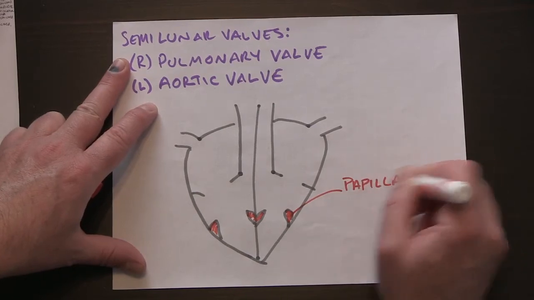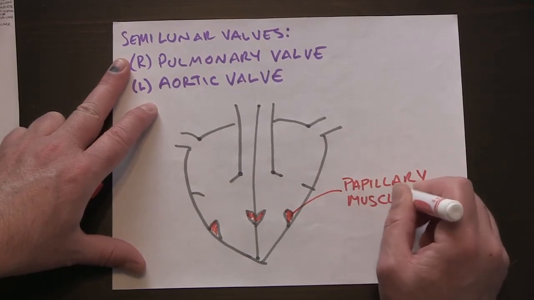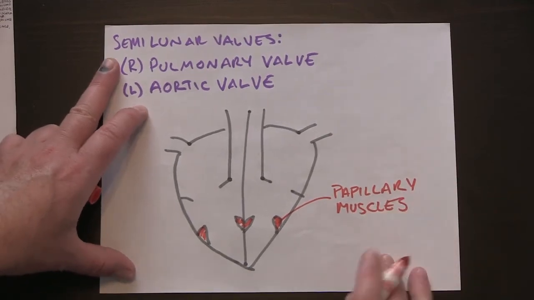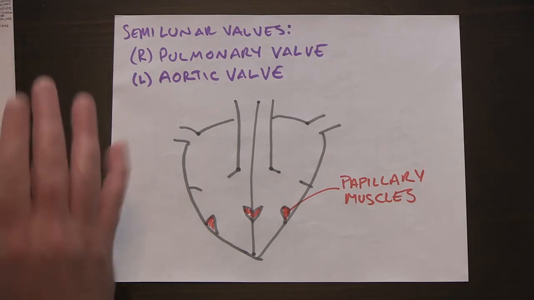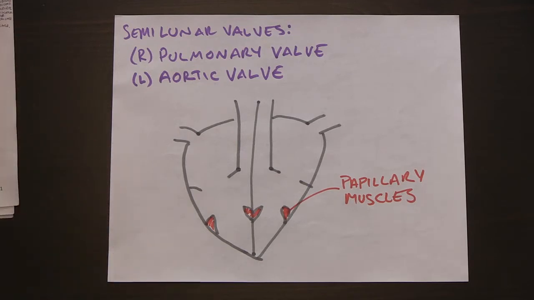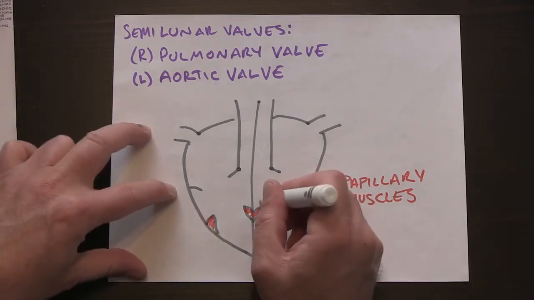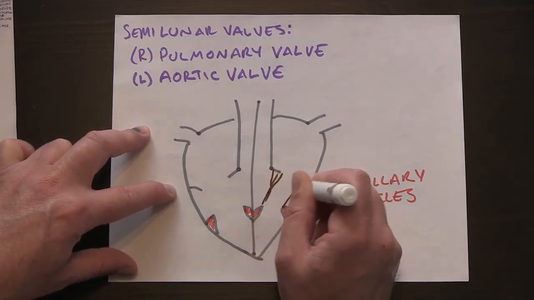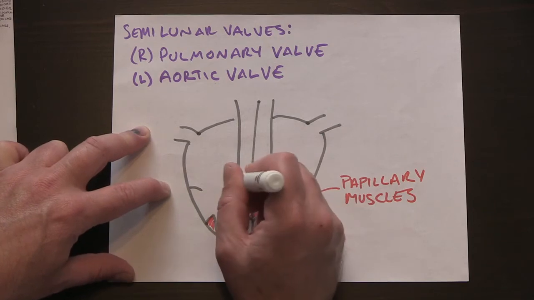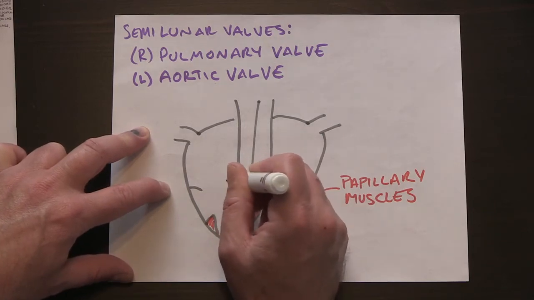These are called papillary muscles. And what they do is they have these parachute-like strings that attach to the underside of these valve flaps.